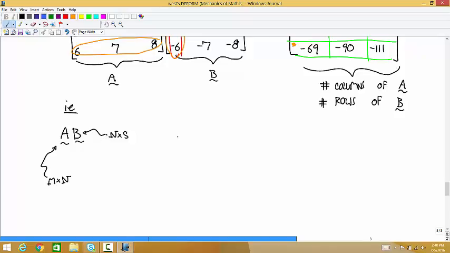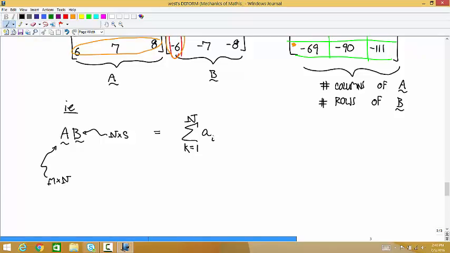Yes. So you can write that as the sum as k goes from 1 to N of A, and let's change this to K. That's just a dummy variable.